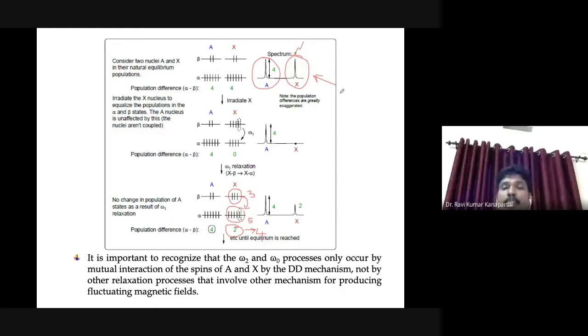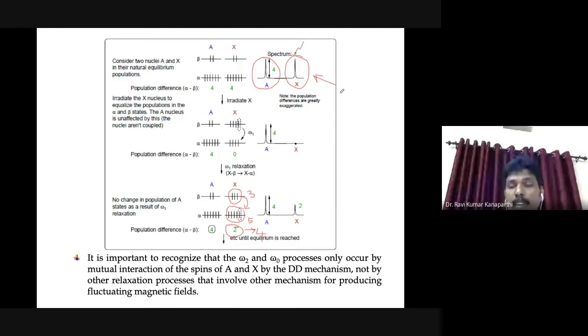Therefore, if the single quantum transition is the only dominant process, then we don't see any signal enhancement or decrease. Why? Because the population difference comes back to the same situation.